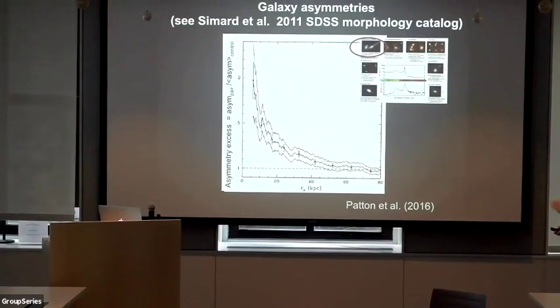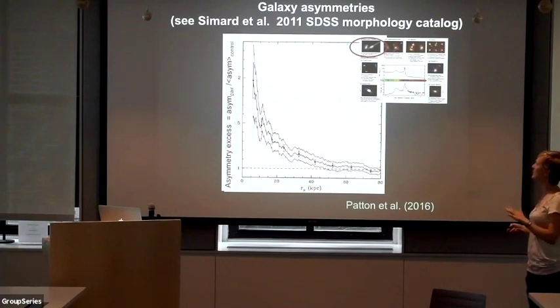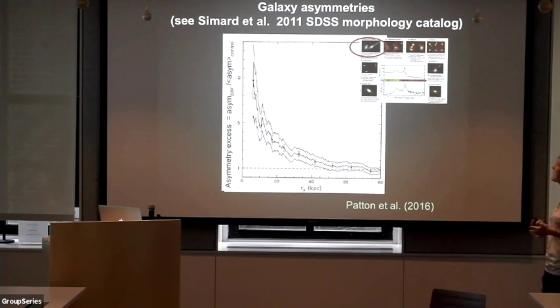So we've measured the asymmetries of the pairs sample in a computational, quantitative way, using a code called GIM2D, which was developed by Luc Simard, and Luc has this morphology catalog, which he published back in 2011, with a number of different morphology metrics, including an asymmetry measure.